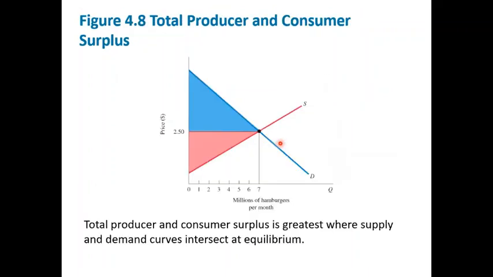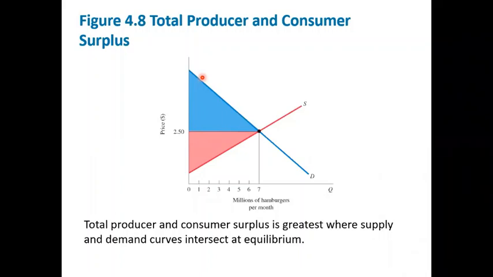So at market equilibrium, where quantity supplied equals quantity demanded, the total area of the consumer surplus in blue and the producer surplus in red, adding those two together, you're never going to get more total producer and consumer surplus than you will right there.